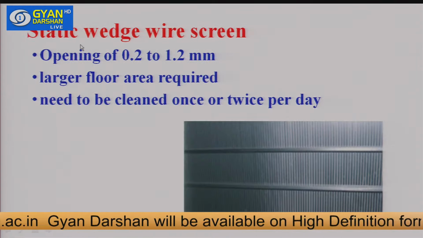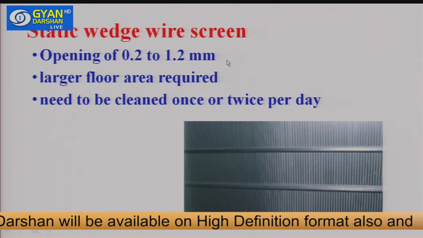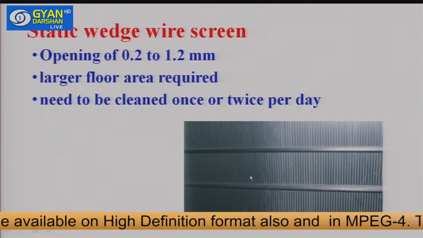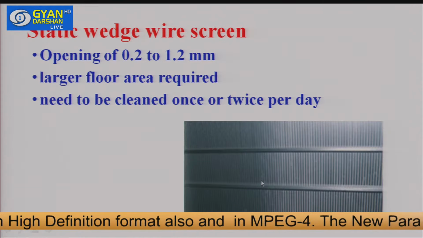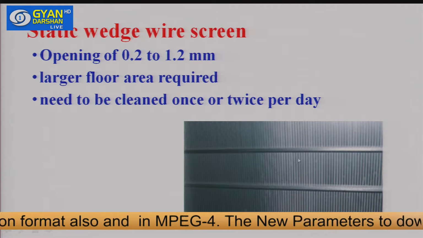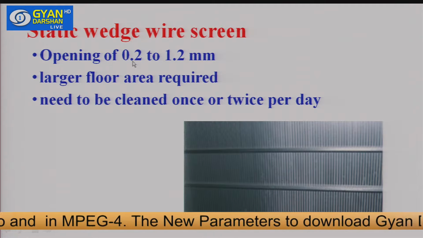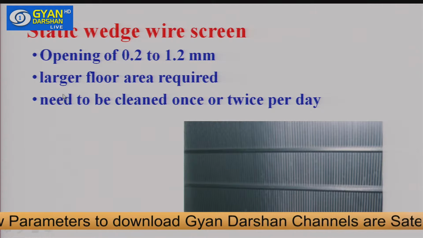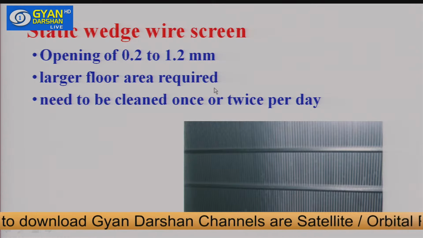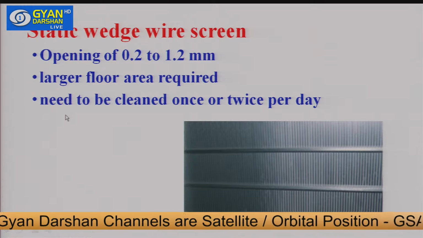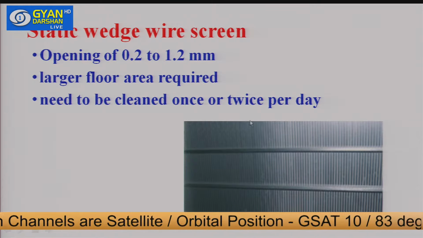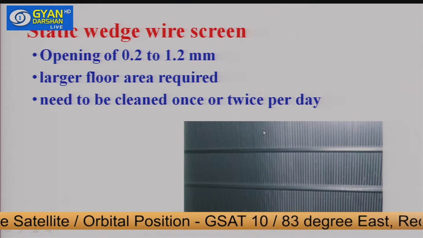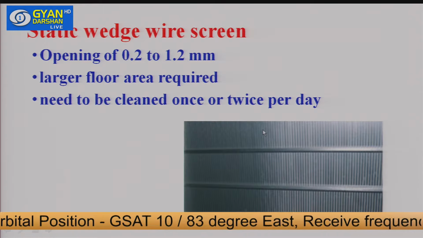These three types of fine screens are used in the water treatment process. Here you see the static wedge wire screen and how it looks. Here the opening is 0.2 mm to 1.2 mm. A larger floor area is required for their operation, and they need to be cleaned once or twice per day, because the opening is small.